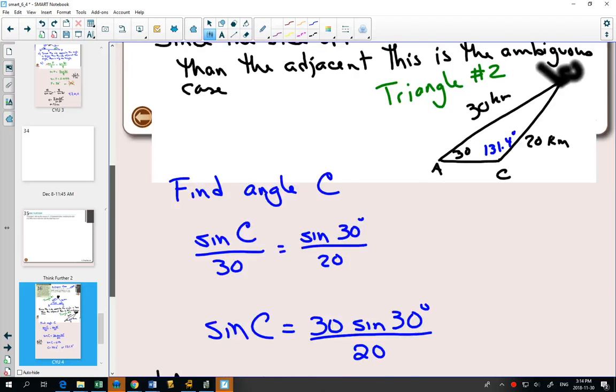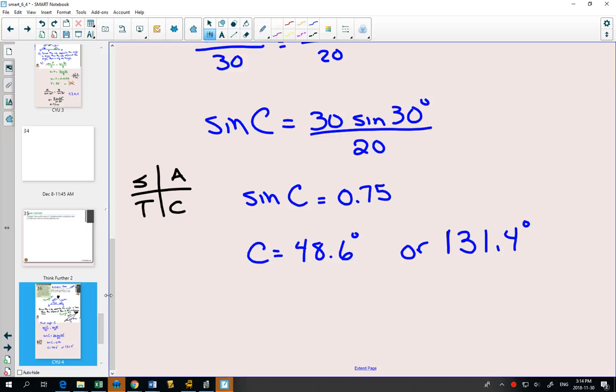You solve it the same way, but when we get to this point, when sine is positive, it could be, according to the CAST rule, in quadrant 1 or in quadrant 2. So the angle in quadrant 1 is 48.6. The angle in quadrant 2 is 131.4. It is confusing.